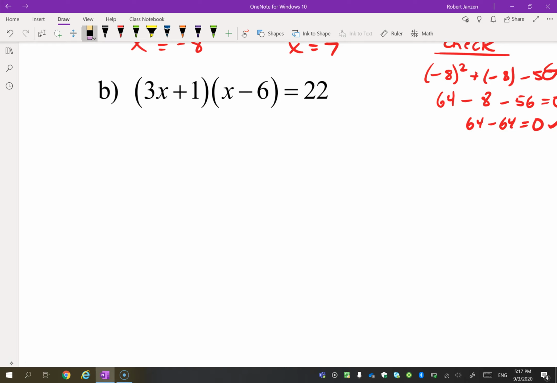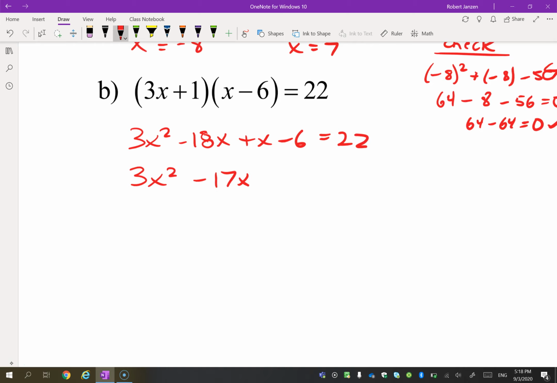I'm going to FOIL here: 3x squared minus 18x plus x minus 6 equals 22. Then if I bring everything to one side, I get this. Now I have a 0 there and I can use the zero product property.